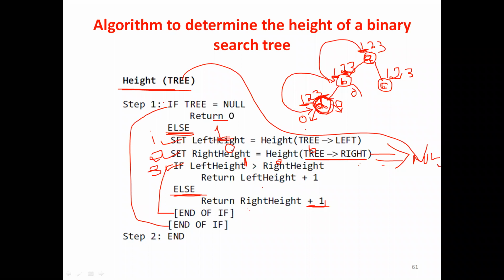So 1 plus 1, 2. So 2 is returned. The third step is also executed, right? After executing the third step of node B, 2 is returned. 1 plus 1, 2.